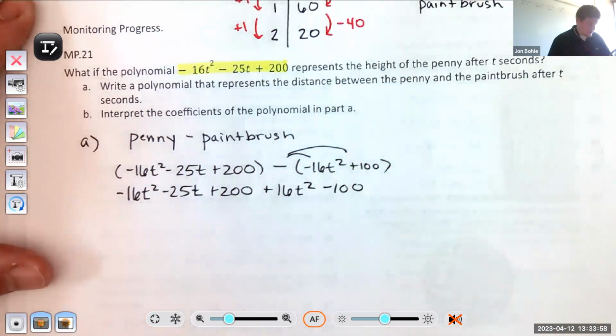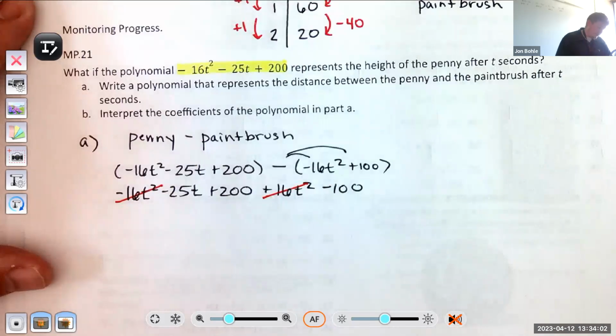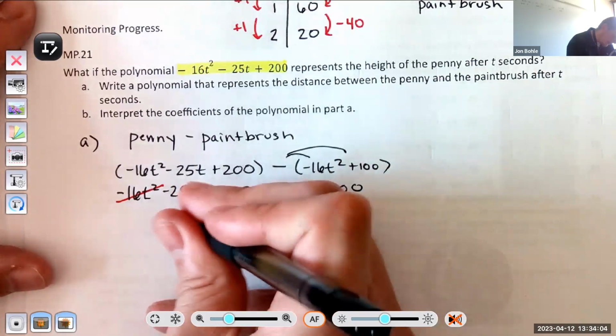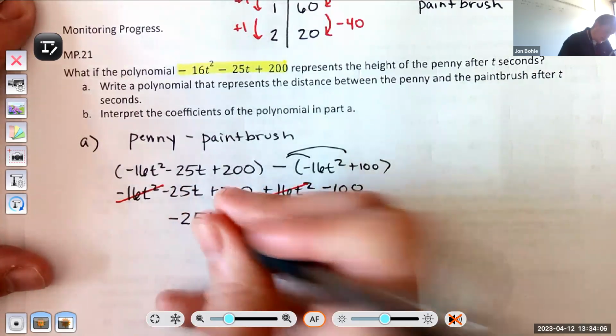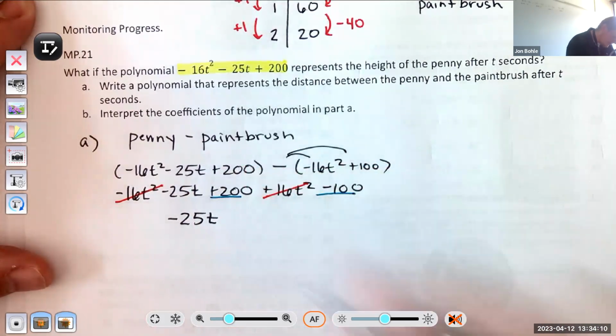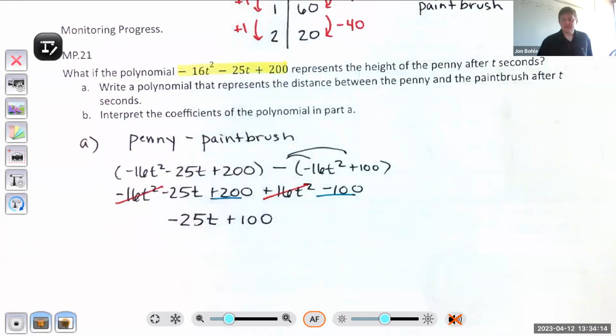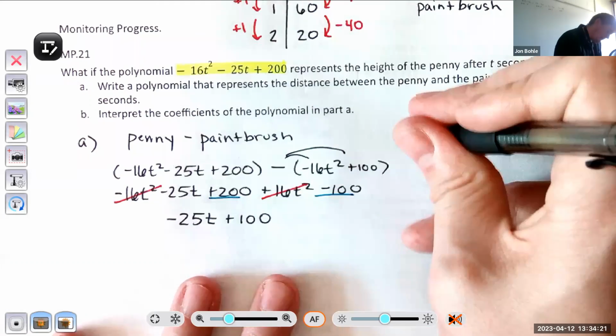So in this situation, my negative 16t squareds cancel. Nothing combines with my negative 25t. And my 200 and my negative 100 are going to combine into positive 100. And that's part A. So the distance in between this penny and that paintbrush is going to be negative 25t plus 100.